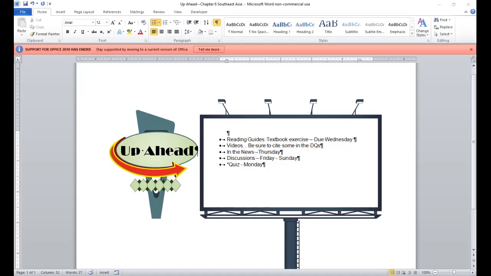Your grade is going to be affected by whether I see some of this cited in your discussion questions. You need to be citing from the lecture models, of course, and the textbook. In the news, of course, we do Thursday night. That is ready to go, and the discussions, and then we'll quiz on Monday. And I think that's it.